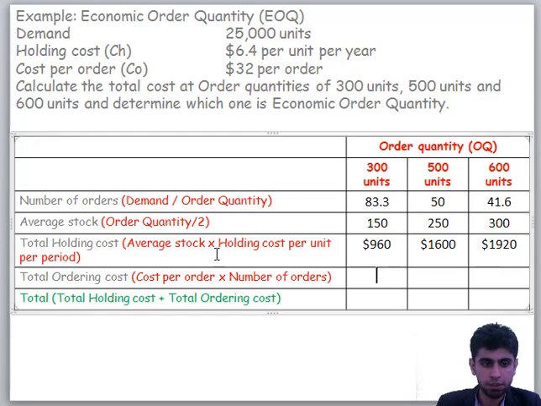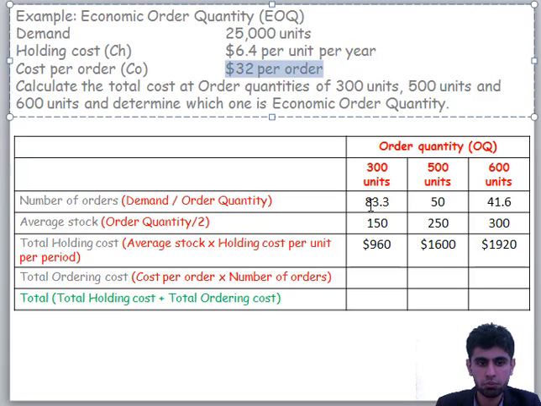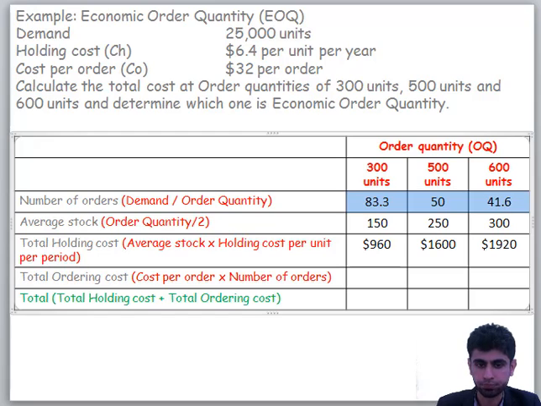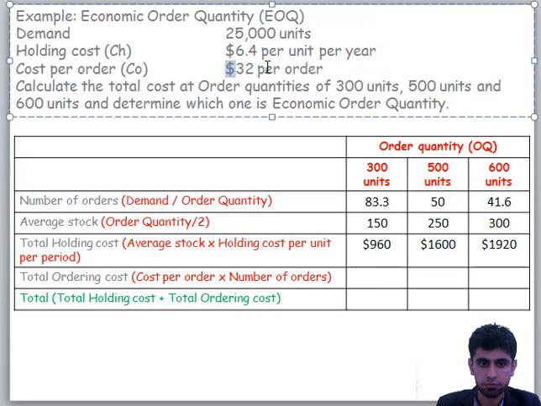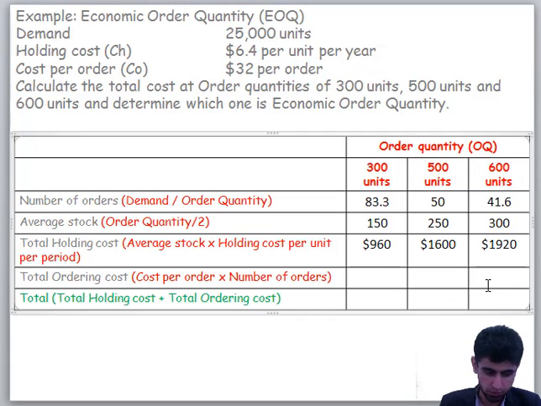Total ordering cost is given by cost per order times number of orders. Cost per order is given as 32, and the number of orders we have already calculated. So for the first order quantity, it is going to be 83.3 times 32, which is 2665.6.